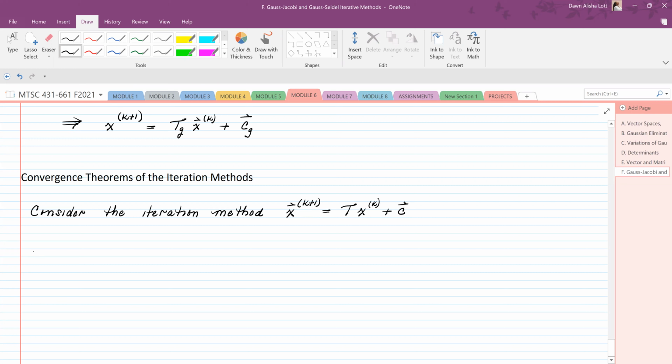So first is a lemma that says if the spectral radius rho of T is less than 1, then (identity minus T) inverse exists.